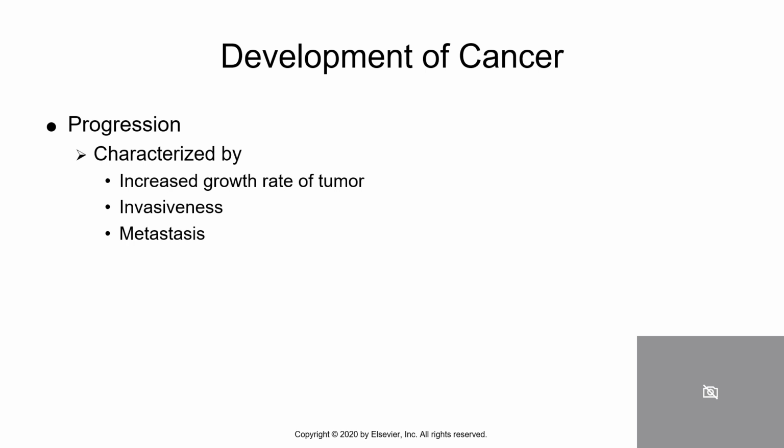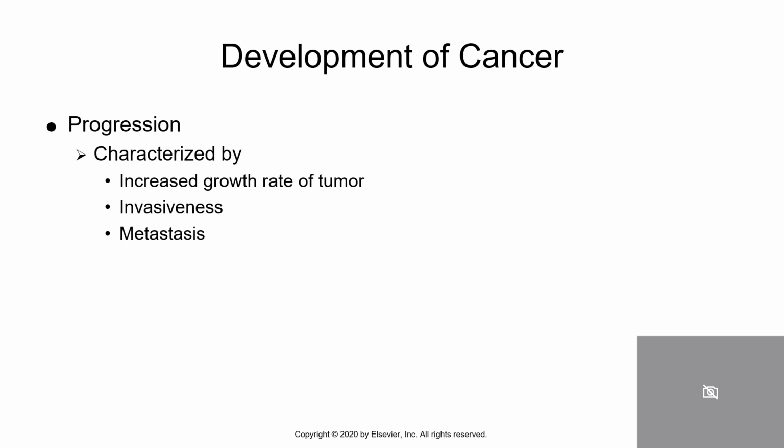The progression phase of cancer is when we talk about the growth rate of the tumor. It's increasing, the invasiveness of it, and the metastasis of it. It's that final stage in the natural history of cancer. Metastasis is that stage where it's spreading to a distant site.